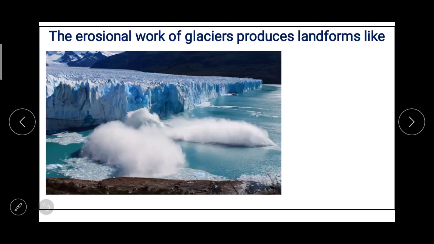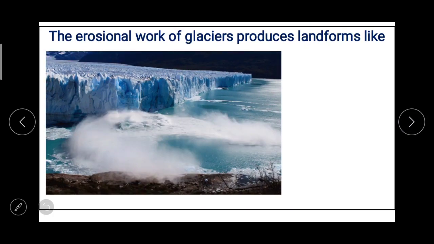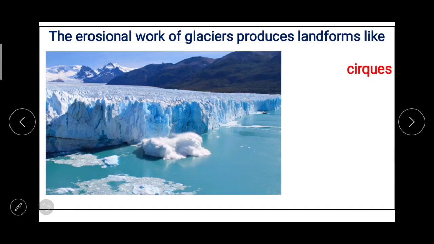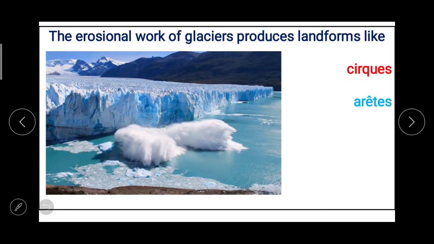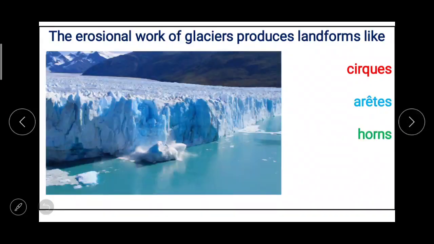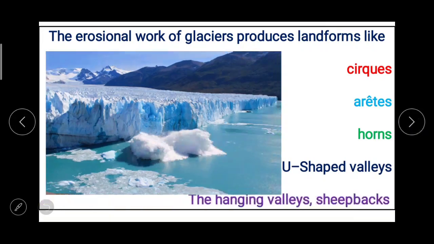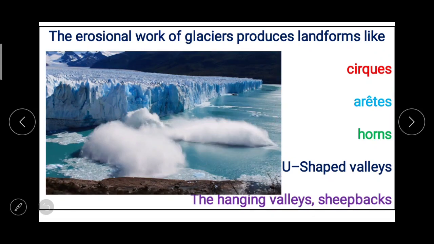and then the next thing, transportation and deposition by glaciers. The erosional work of glaciers produces landforms like cirques, arêtes, horns, U-shaped valleys, hanging valleys and sheep backs.